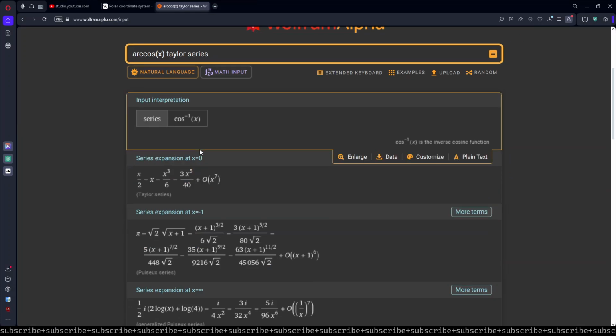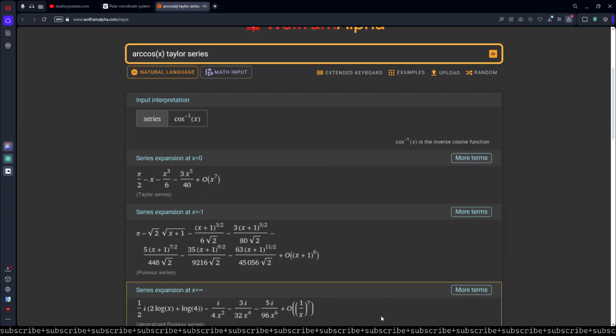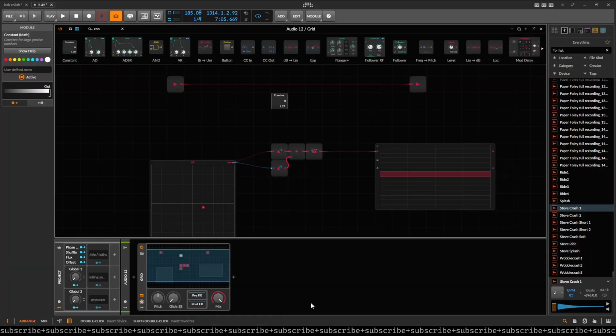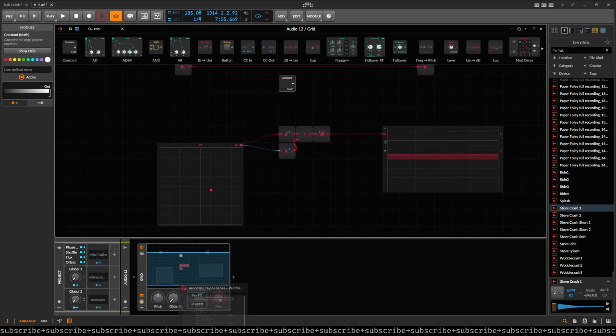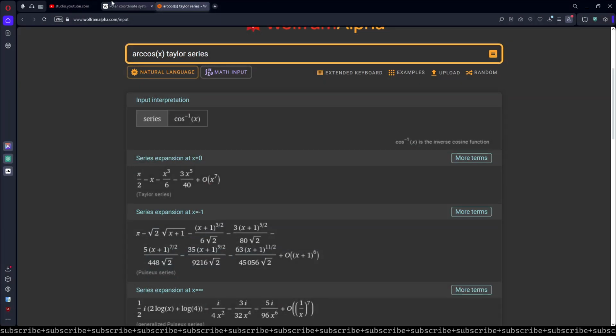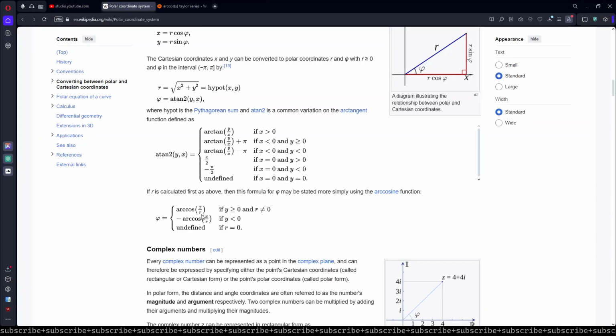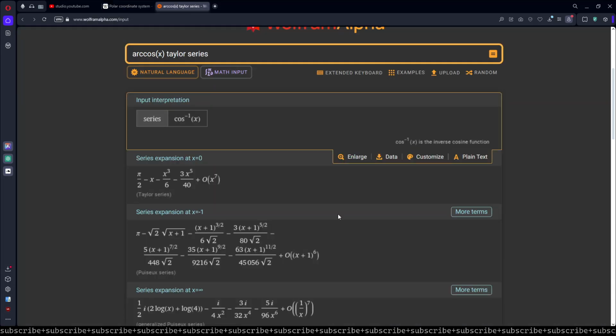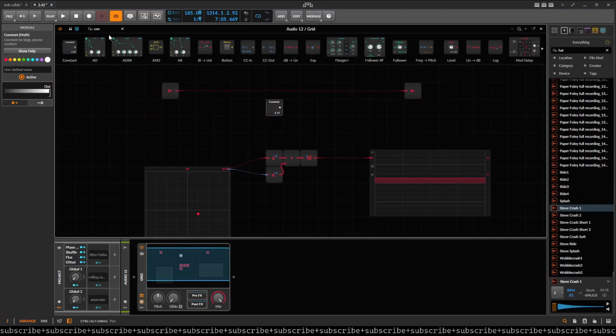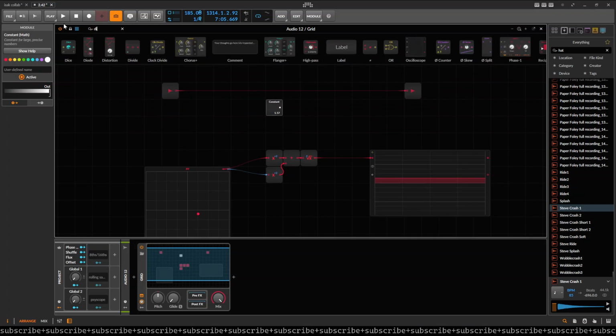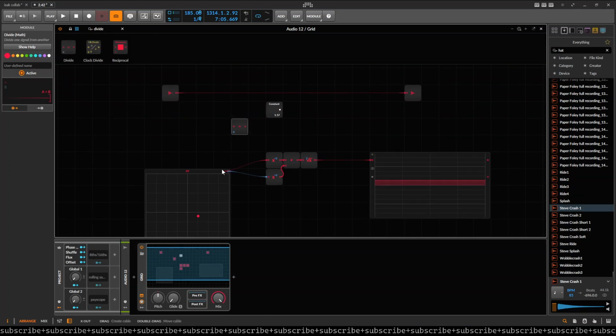Then what we need to get next is this term, we need to subtract x from it. In this case, because we're doing this coordinate transform, our x is the x coordinate over r. So what we need to do here is divide, and then we get the red thing, which is the x coordinate, and our value for r here.